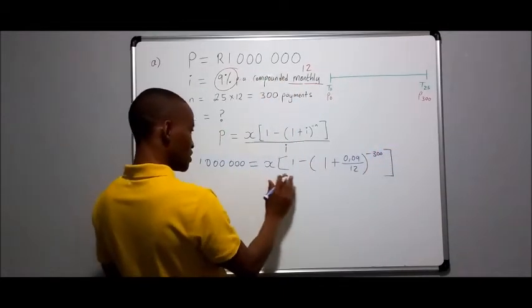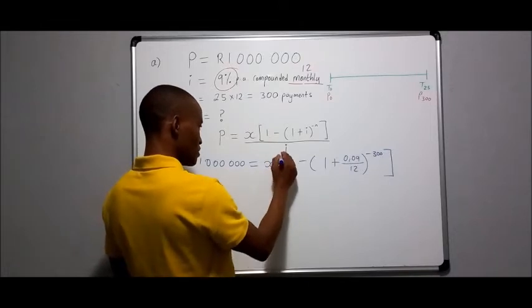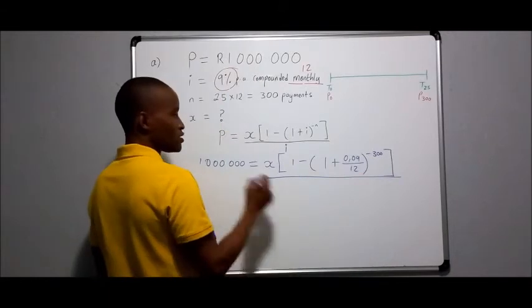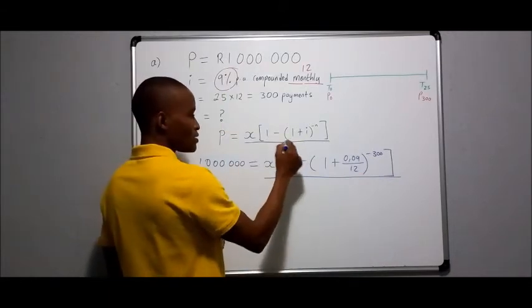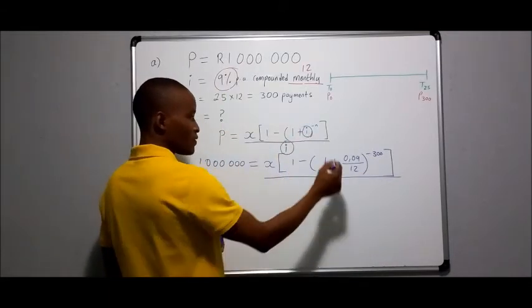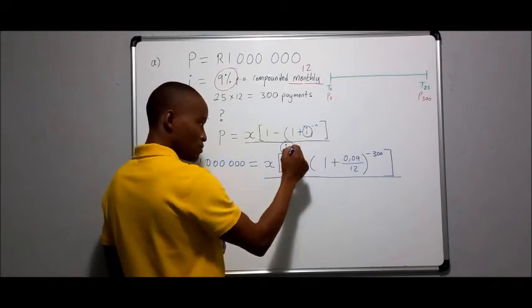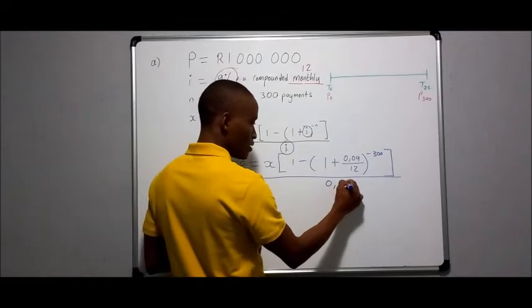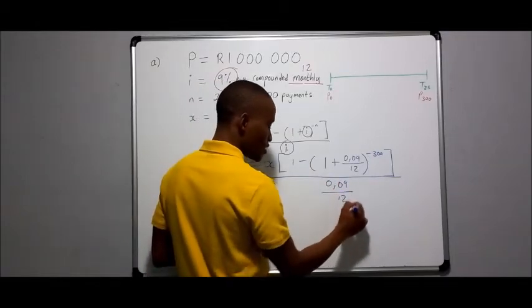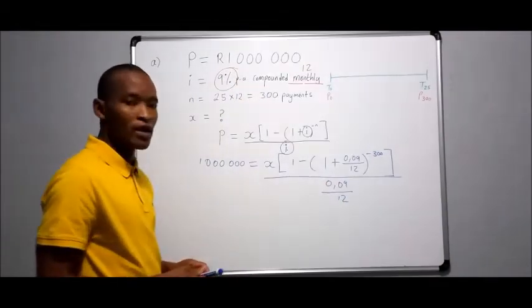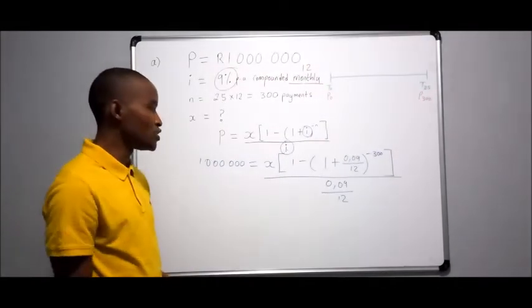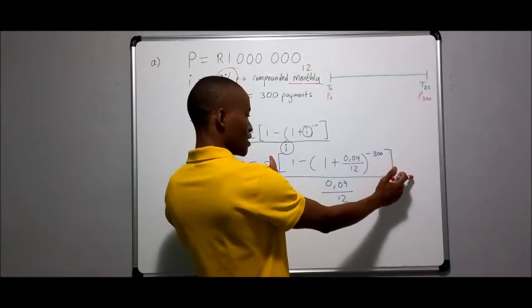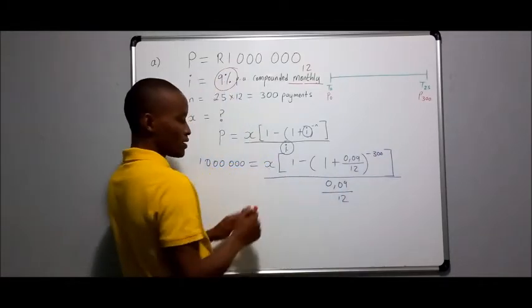As a numerator, and then this is over i. Well, this i is the same as that i, so whatever you have substituted for this must go there. So we have 0.09 divided by 12. As you can see, you need to get rid of this to solve for x.